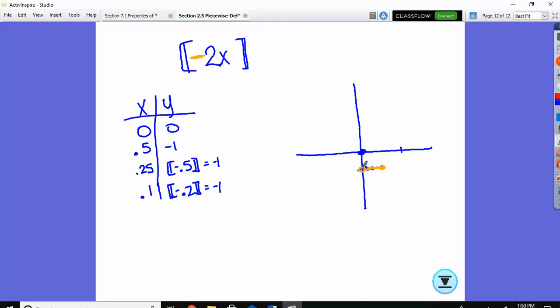So this step was half a unit long. Will it always be like that? Yes. There's one on the homework that has the greatest integer of just plain negative x, and it's going to flip that open and closed circle. So it just looks like this. Okay, so I am done now. Minimum of 3 steps, but dot dot dot, so it keeps going.